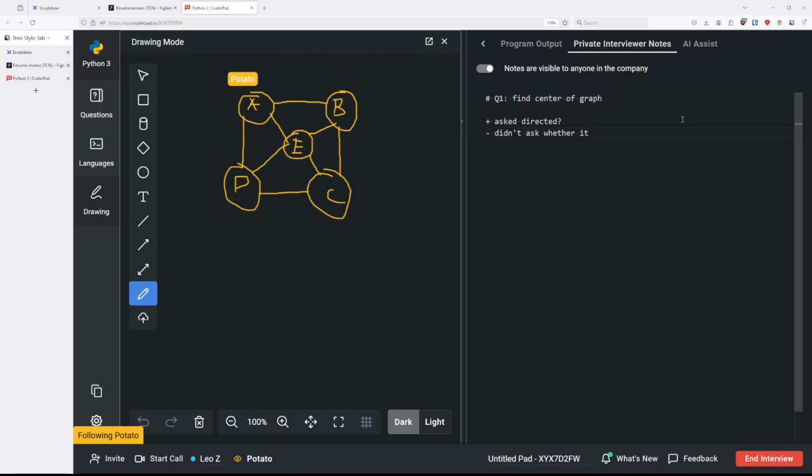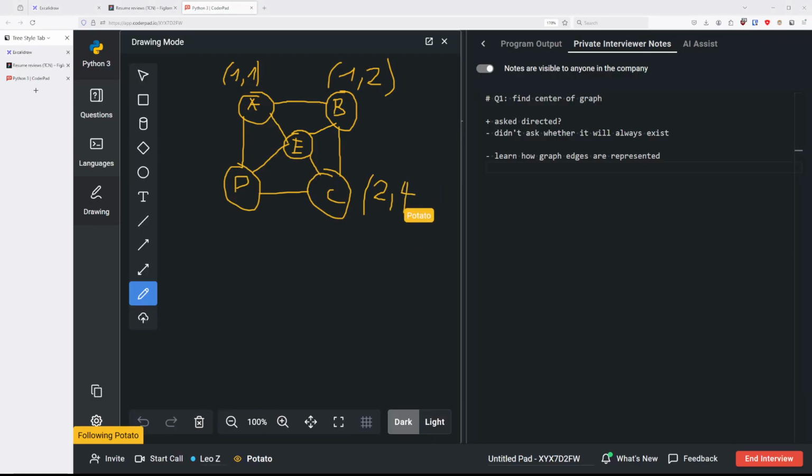So let's say maybe we would have a pair of integers, and maybe this would be 2, 3.